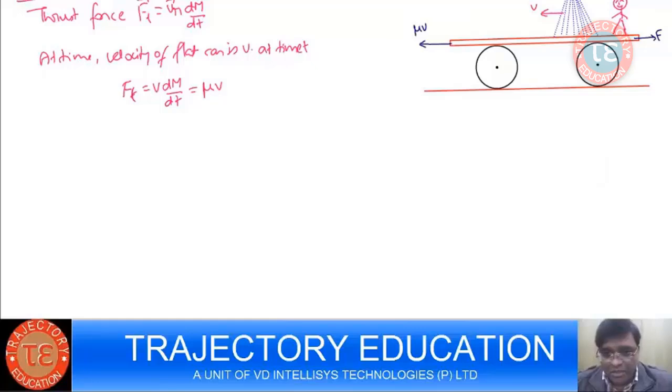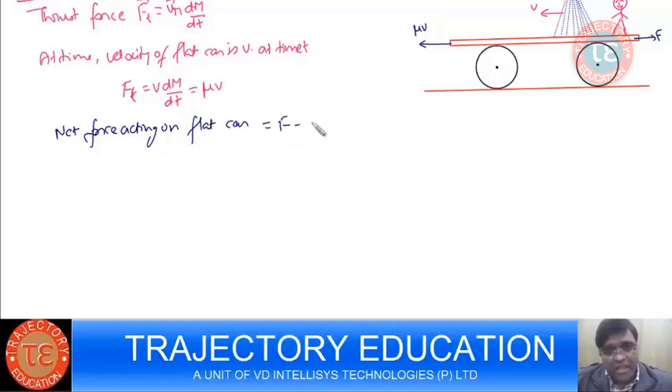Alright. So the net force acting on the flat car is going to be F minus mu v, and that should be equal to m dv by dt. So what is m?